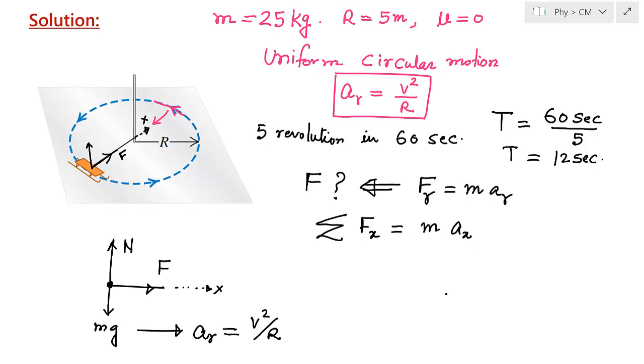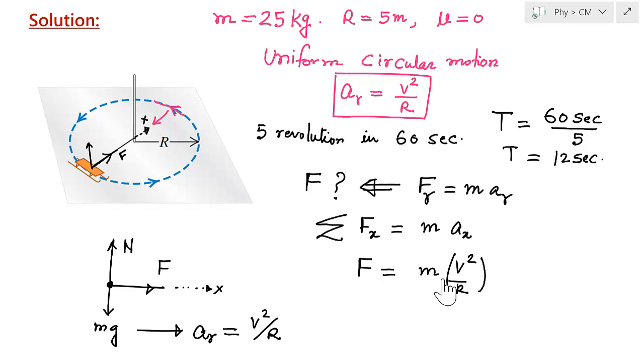So in the radial direction, we have only one force, that is the force applied by the rope, F. And mass times acceleration, as I said, the acceleration in the radial direction is v square divided by r. Now in the question, v is not given.